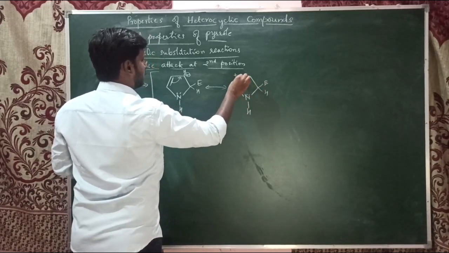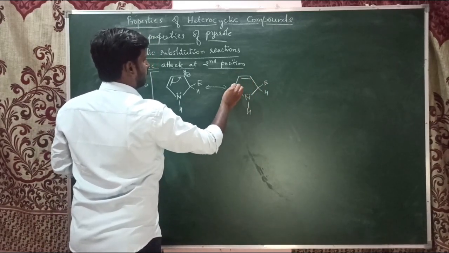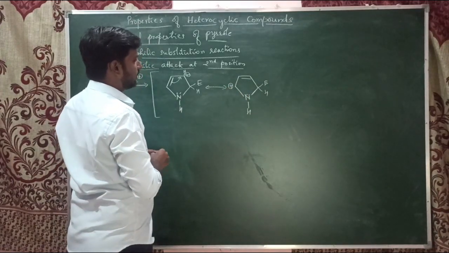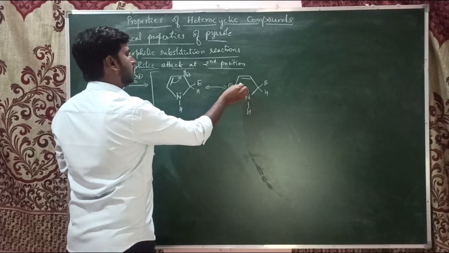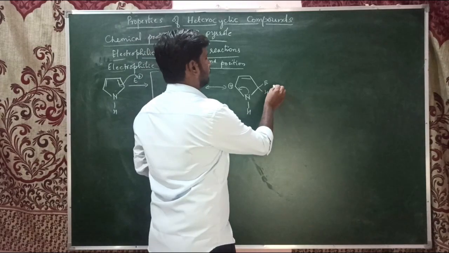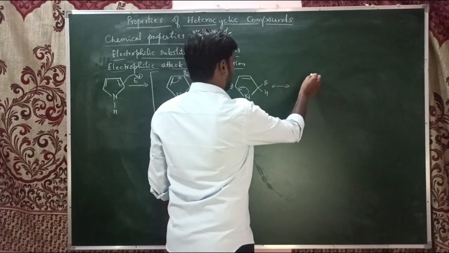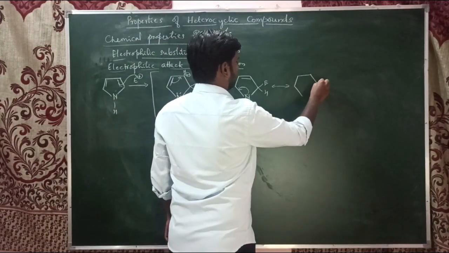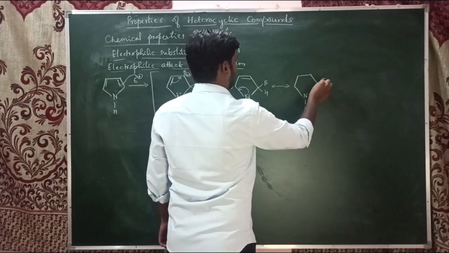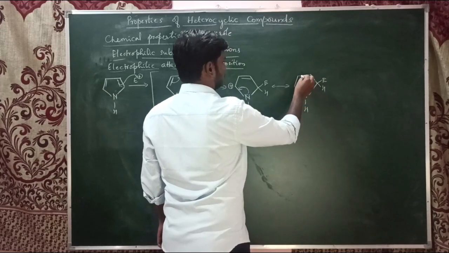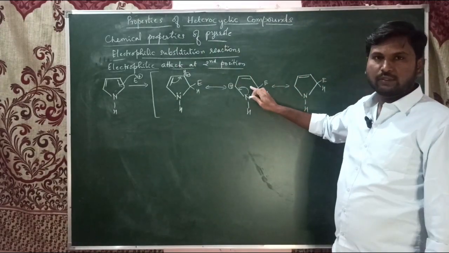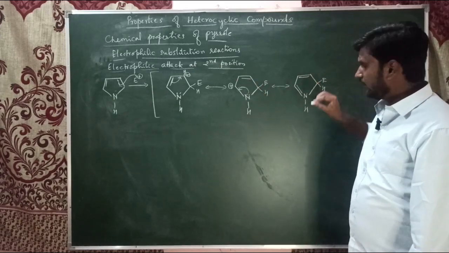So the positive charge comes here, not here. The positive charge comes at this carbon. So when the positive charge comes at this carbon, it shows one more resonance structure. So this will give electron. Now see, here the nitrogen has given its electron, so it becomes a double bond.